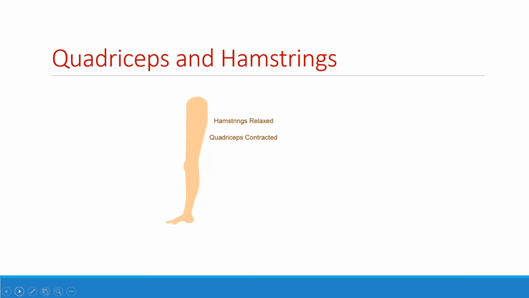The only action they have is to contract. And so you're either contracted or you're relaxed. If you're contracted, your antagonistic pair is relaxed. So if the quads are contracted, then the hamstrings have to be relaxed. So they have opposite actions.